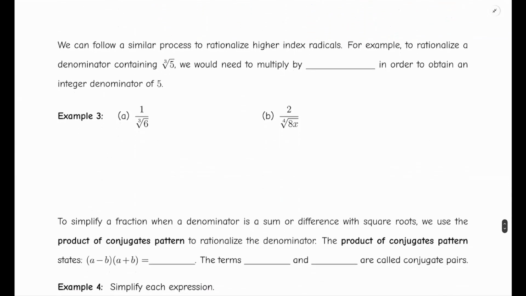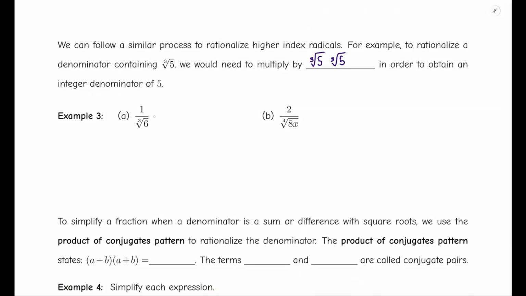We can follow a similar process to rationalize higher index radicals. For example, to rationalize the denominator containing the cubed root of 5, we would need to multiply by the cubed root of 5 twice, because we would want the cubed root of 5 three times in order to attain an integer denominator of 5. So example 3, 1 over the cubed root of 6.